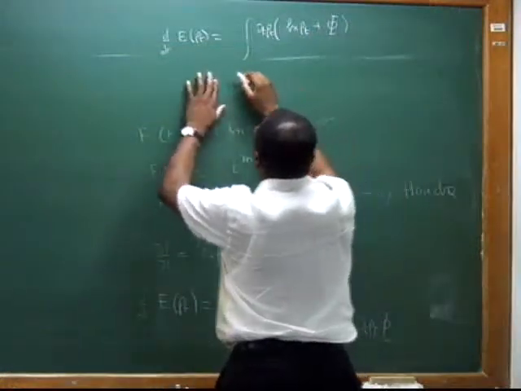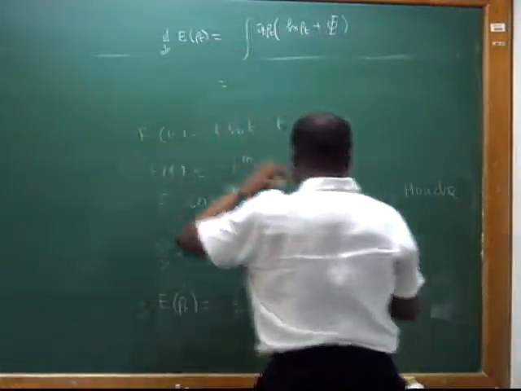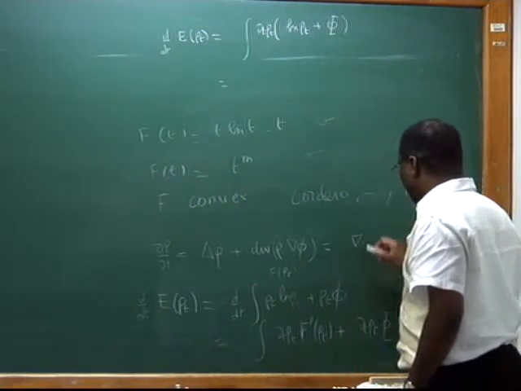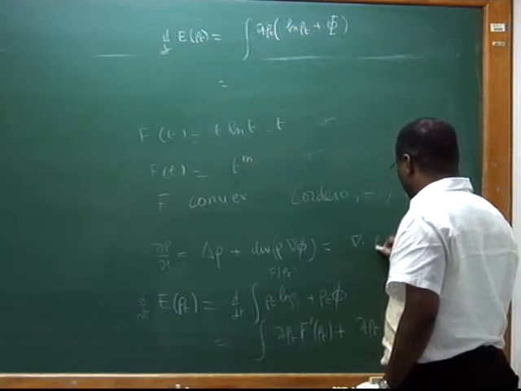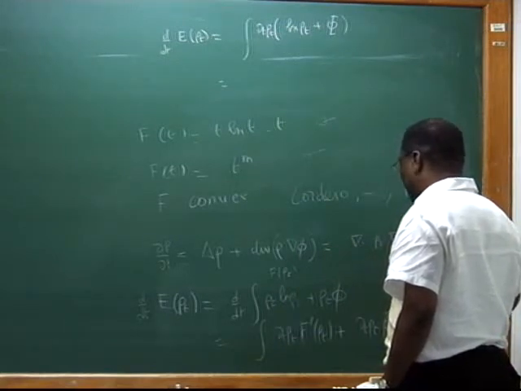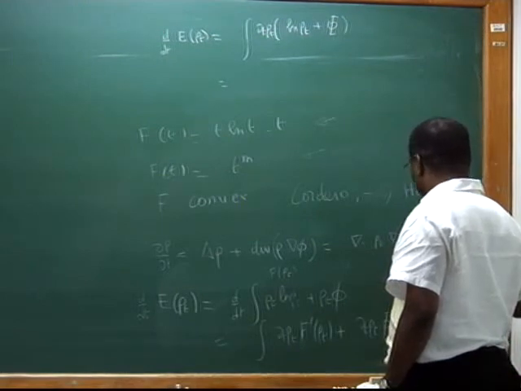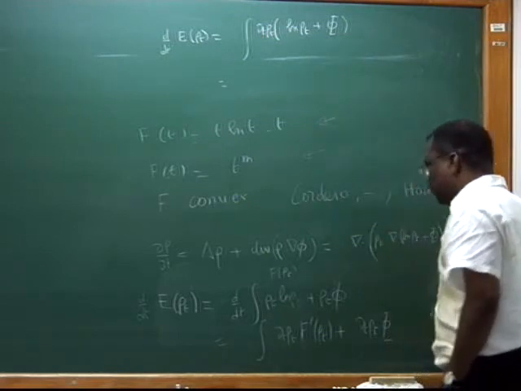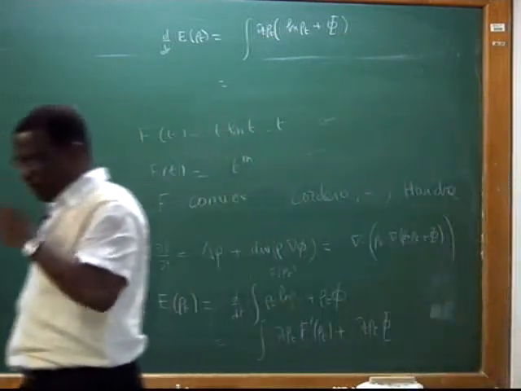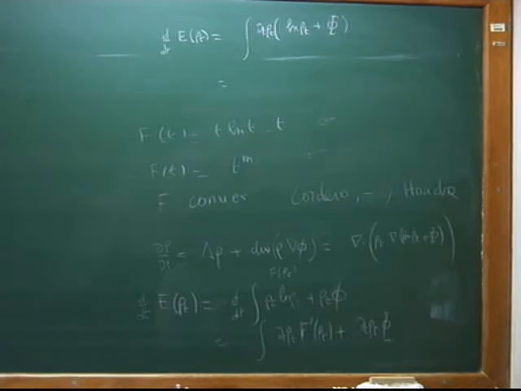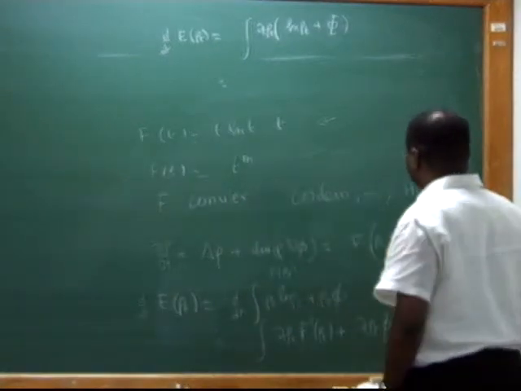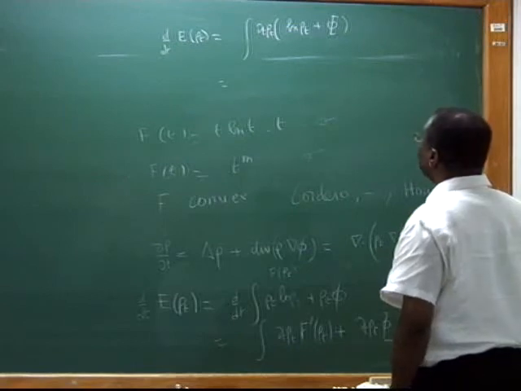Now I am going to replace this by that. So observe that this is the divergence of rho t gradient of log of rho t plus phi. Right? Because if I compute the gradient of log of rho t, I get gradient of rho t divided by rho t. I multiply by rho t, I get gradient of rho t. I apply the divergence, I get the Laplacian. So let me substitute that there.